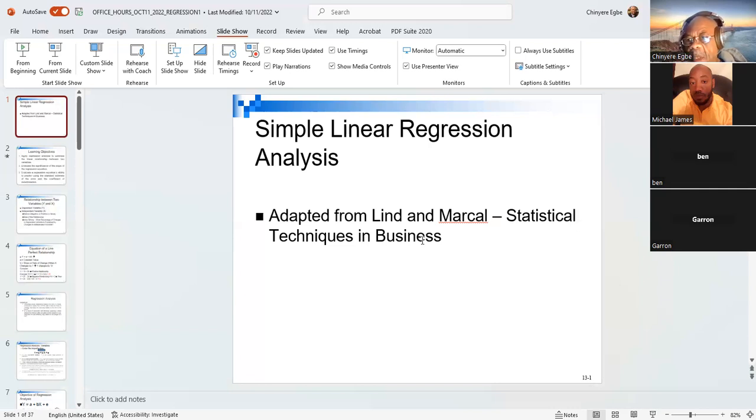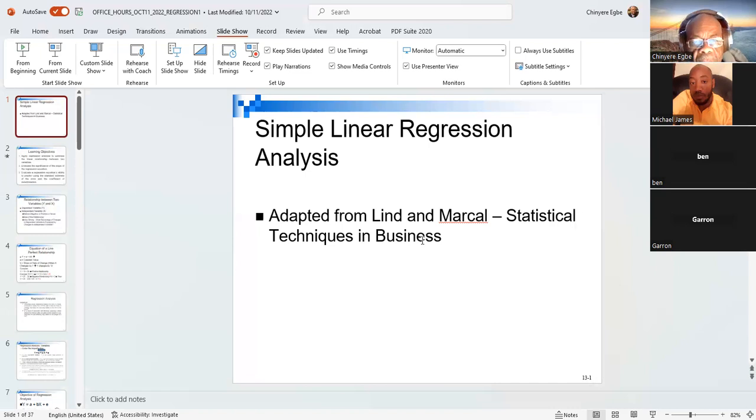The price of a house, the dependent variable, depends on the size of the house. And so the value of the dependent variable depends on the value of the independent variable. So the values of an independent variable do affect the values of the dependent variable.